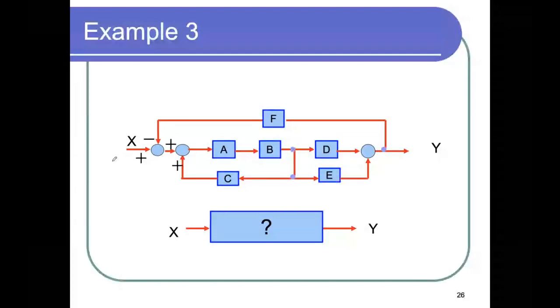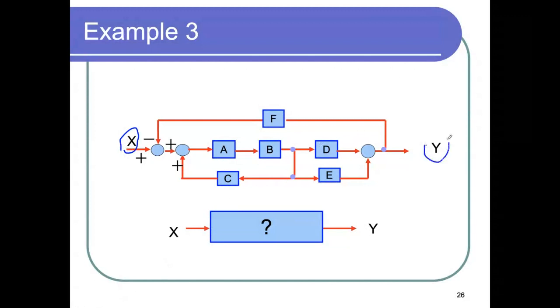Now we have this feedback loop, so we first combine G with H. So this is GH, and then let me erase this, maybe use a pen. Right, so this is one block. So then what is the feedback rule?